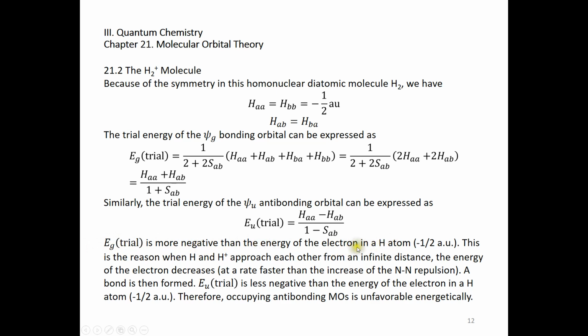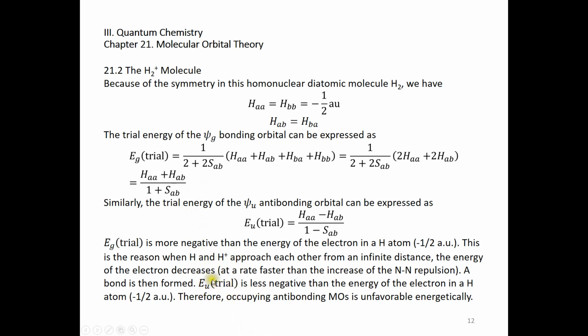So it's more negative than negative 1/2, and that's the reason when H and H plus approach each other from an infinite distance, the energy of the electron keeps decreasing at a rate faster than the increasing of the ion repulsion. So overall, the energy of the entire system decreases, and that's why you can form a bond between the hydrogen atom and an H plus ion. A bond is formed when these two approach each other.